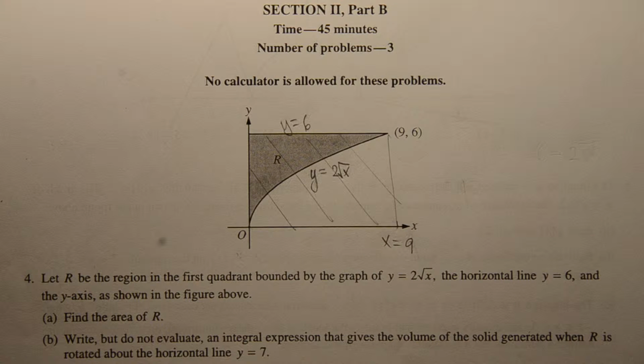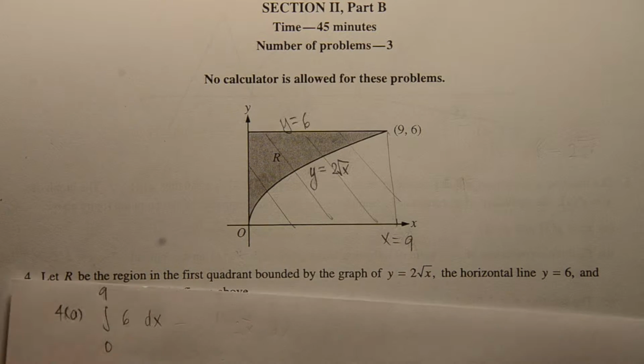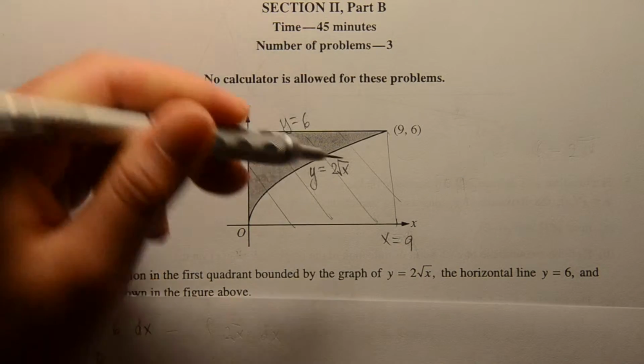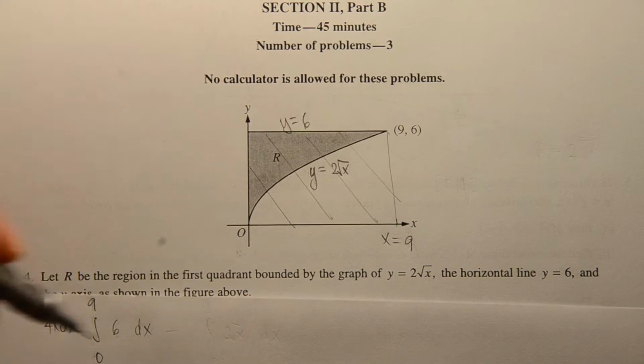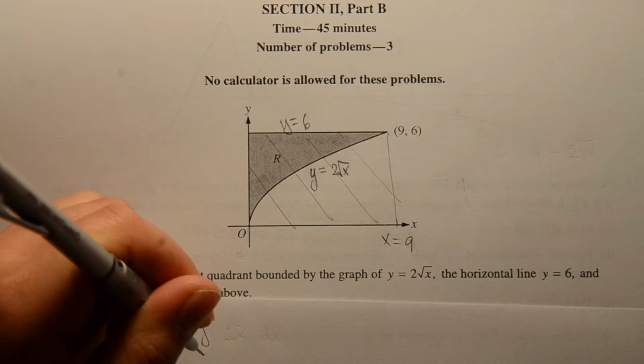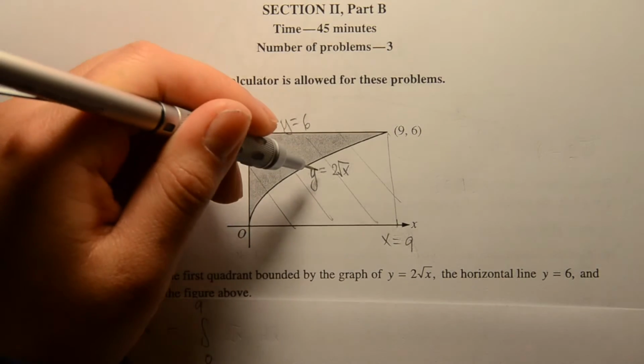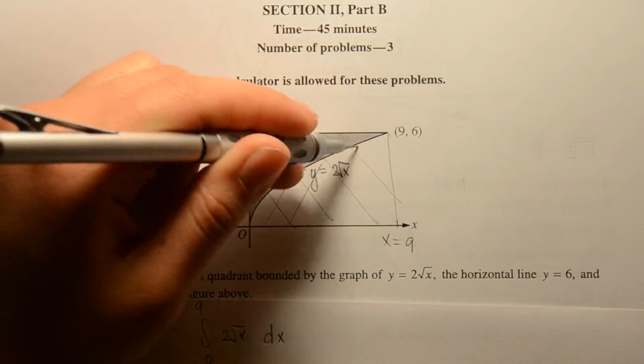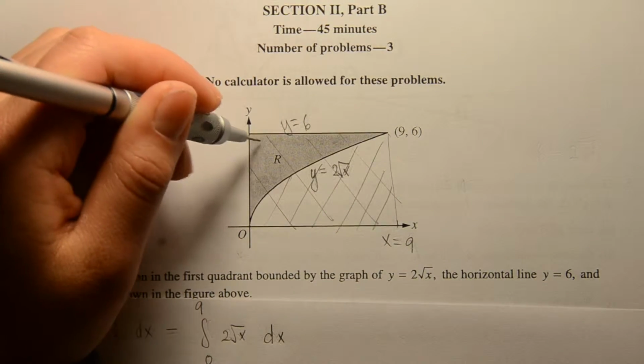With this information, we can set up an integral. From 0 to 9, we take the area under the function y equals 6, subtracted by the integral from 0 to 9 of 2 root x, subtracting the area under this curve. From that, you would have the area of R.